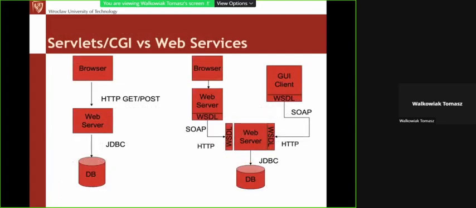Okay, maybe it's not the best picture, but even the traditional three-tier application could now be somehow connected into the web services base, because the elements are now not communicating directly using some defined protocols. They are communicating through SOAP-based techniques.